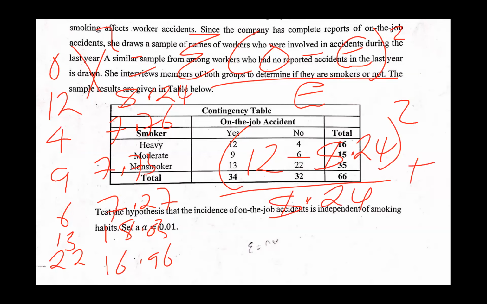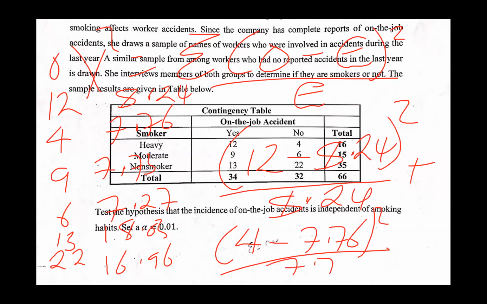Plus, you go to the next figure, 4 minus 7.76, squared, divided by 7.76. Until all of them are finished, then you find the calculated chi-square.